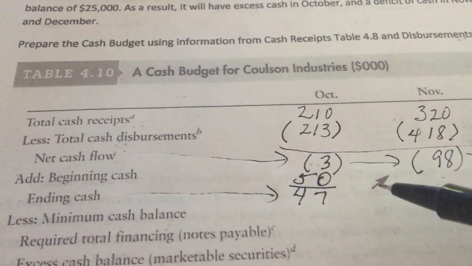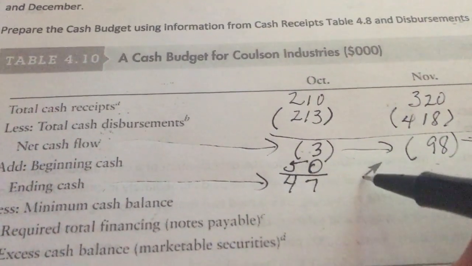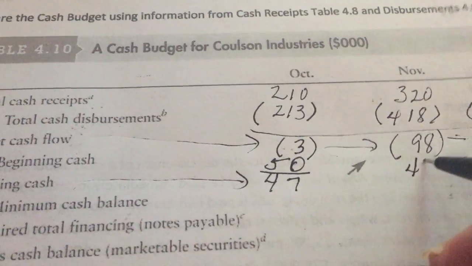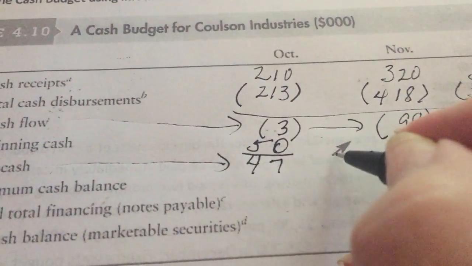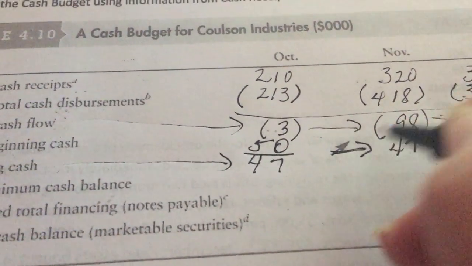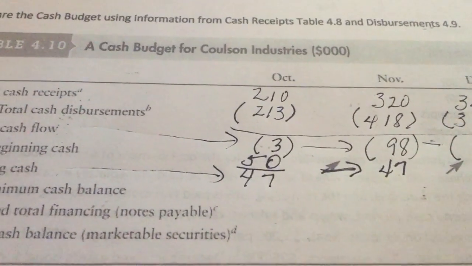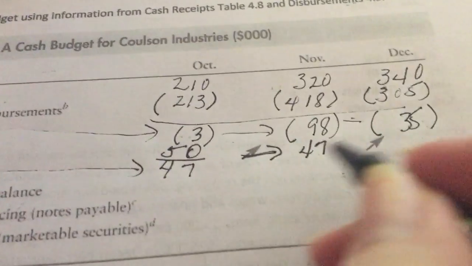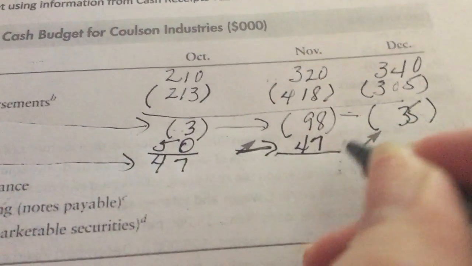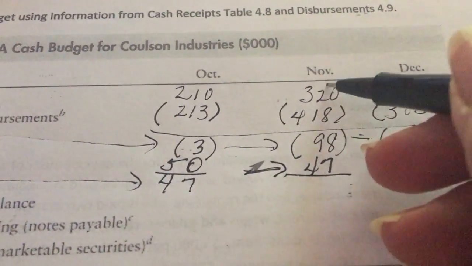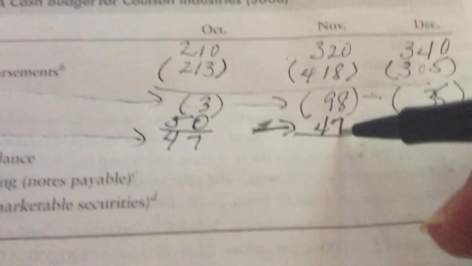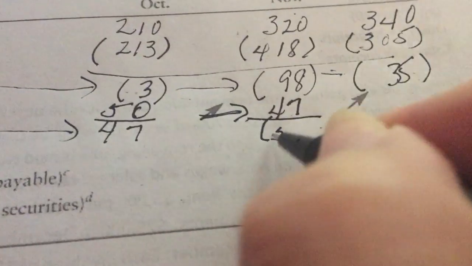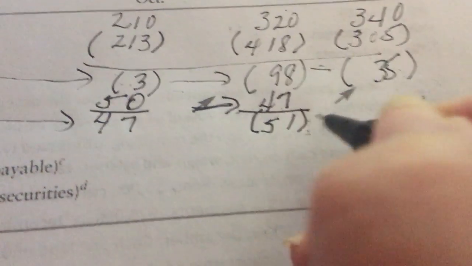Now, if you notice this line, that 47, which is the ending balance, becomes the beginning balance for November. So that's where that line comes from. It's just a little bit off. Okay? Now, we can't do the next one because we have to, well, I guess we can. Let's go ahead and do this out. That would be good. -98 in November plus 47 means that you'll have a -51.